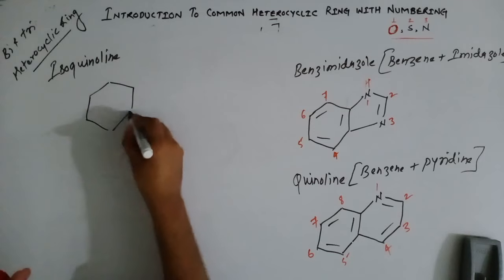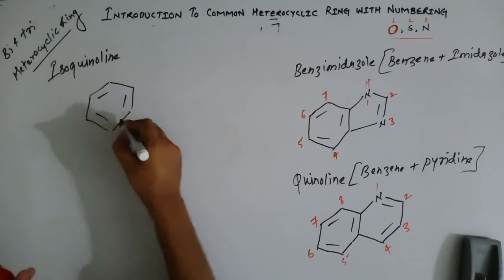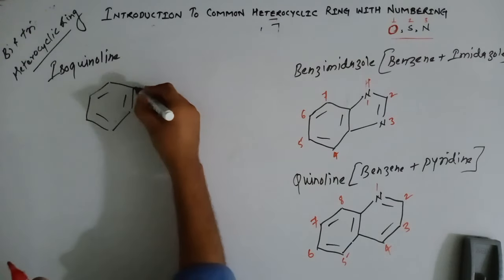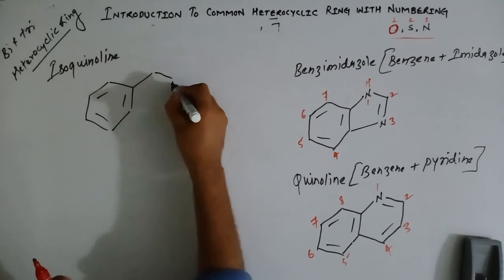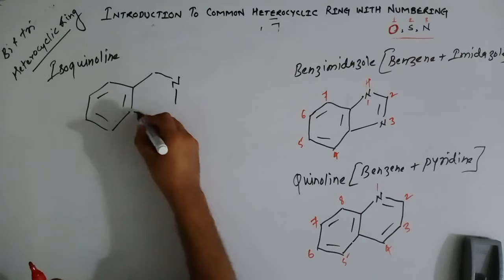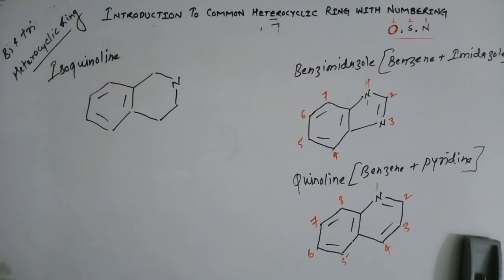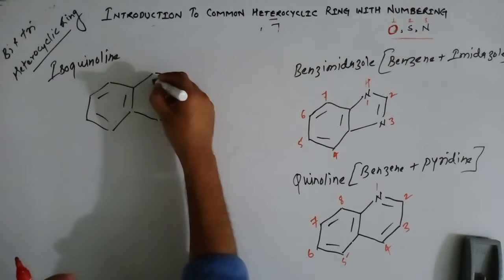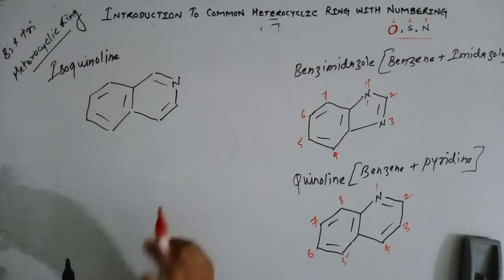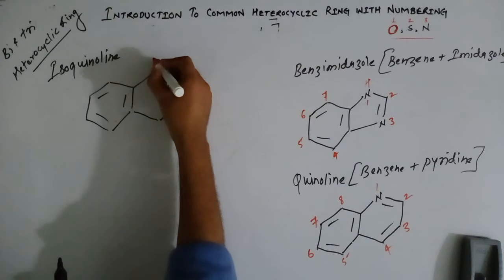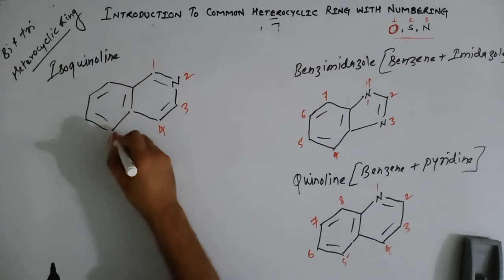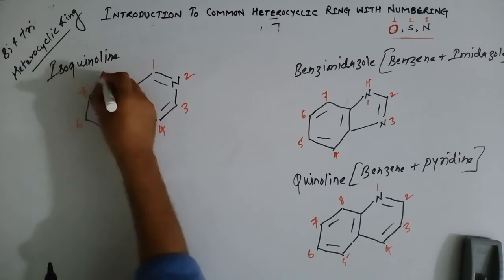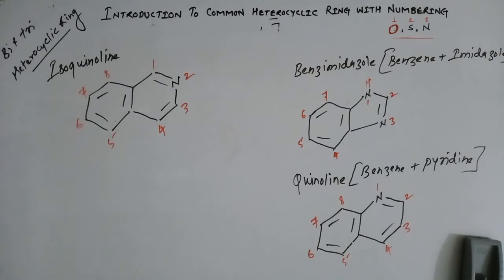Quinoline is made up of benzene plus pyridine, but here the nitrogen shifts from first position to second position. In this structure, the numbering begins from this position: 1, 2, 3, 4, 5, 6, 7 and 8. This is isoquinoline.